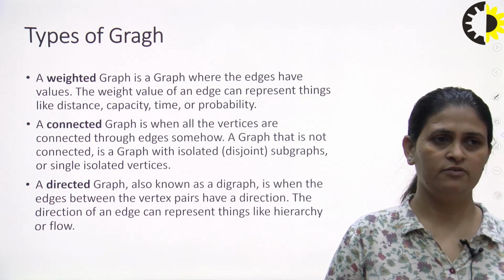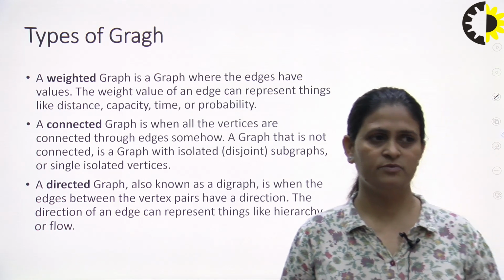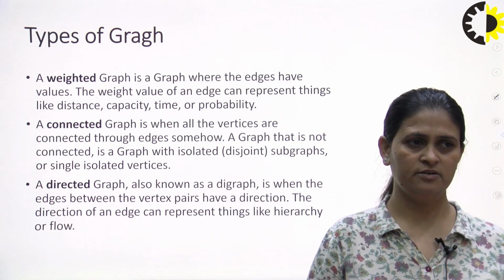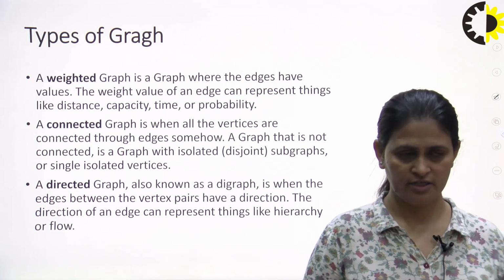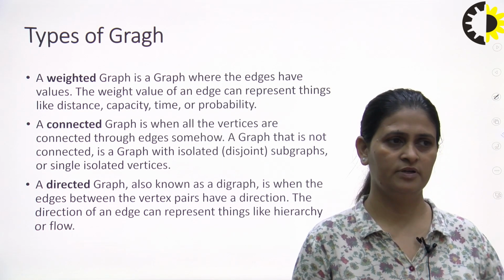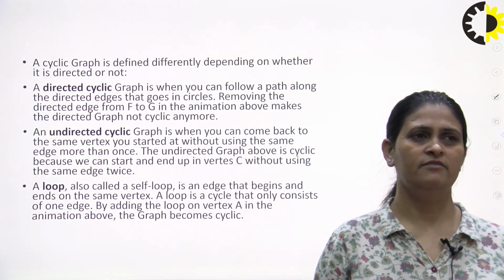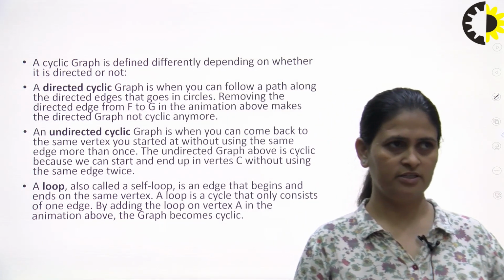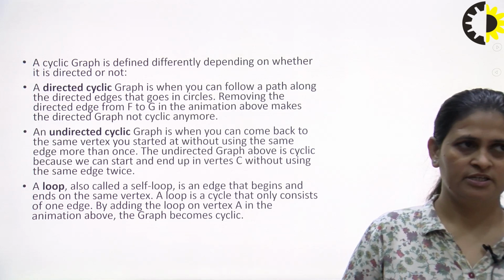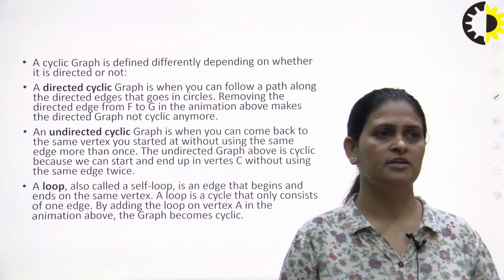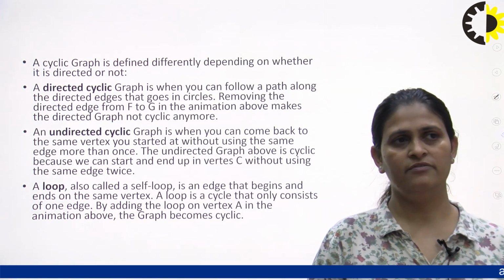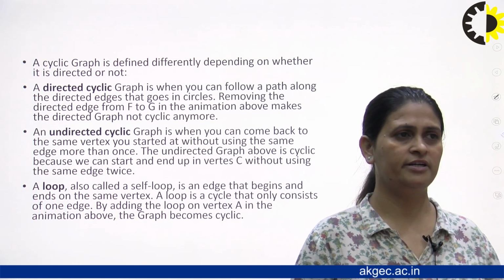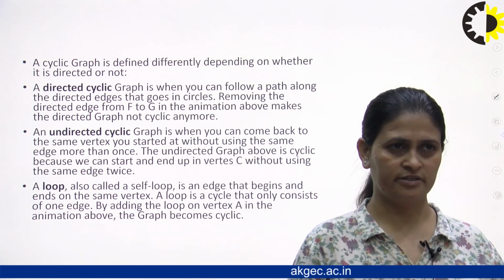A directed graph, also known as a digraph, is when the edge between a vertex pair has a direction. The direction of an edge can represent things like hierarchy or flow. A cyclic graph is defined differently depending on whether it is directed or not. A directed cyclic graph is when you can follow a path along the directed edges that goes in a circle.